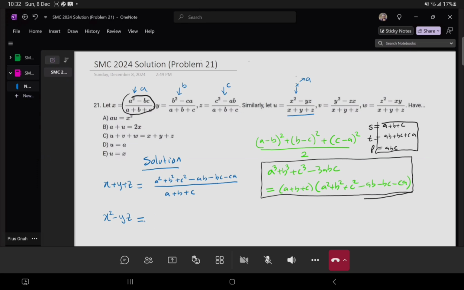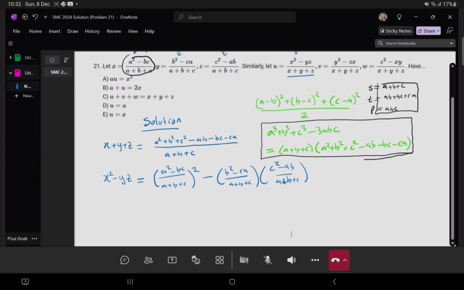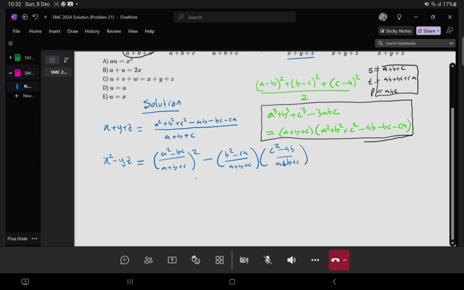So here they are quadratic. Let me just write what we have first. The denominator would also be the same for both sides again. Here we can see that A plus B plus C would appear in the denominator as a square in both cases, so we can take this as the LCM.